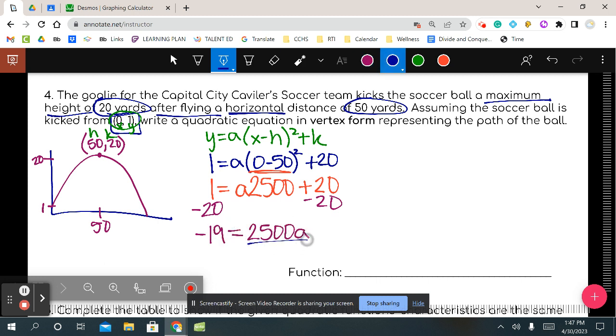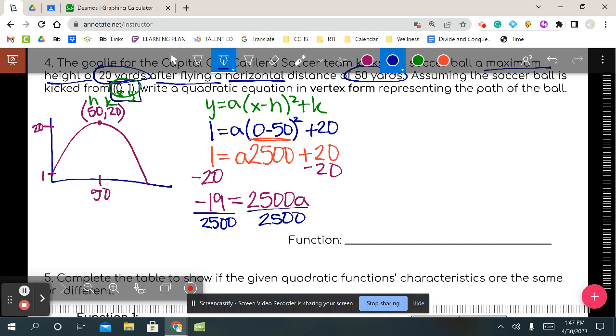And then your last step is to divide by 2,500. And this is going to give you a crazy decimal. So negative 19 divided by 2,500 is going to give you negative 0.0076.